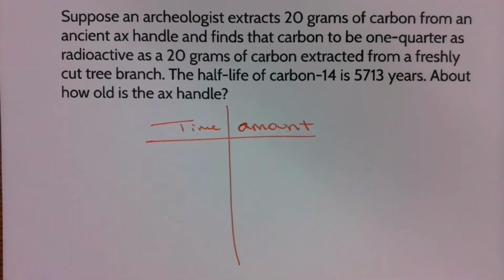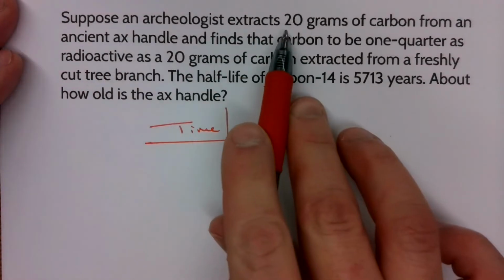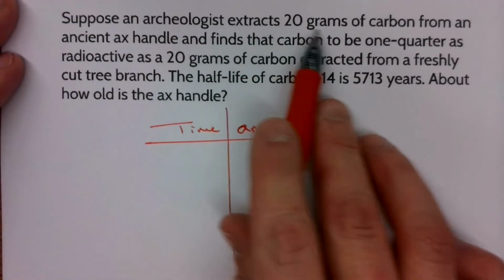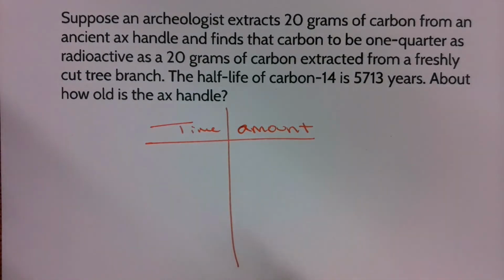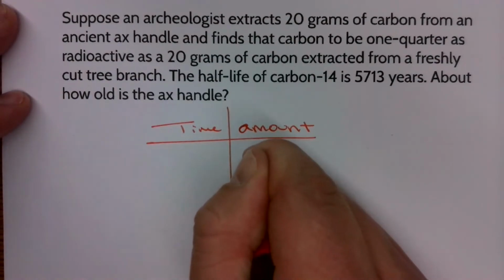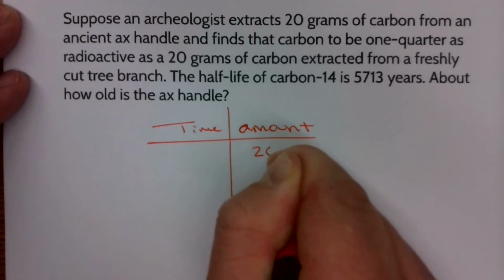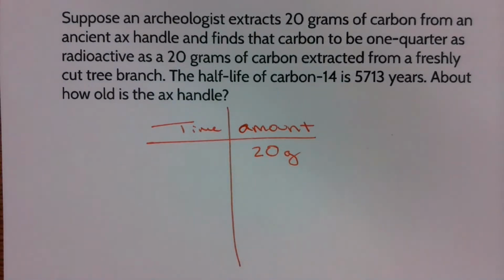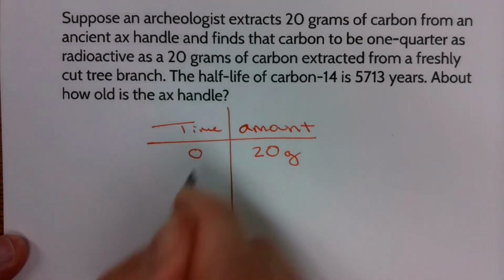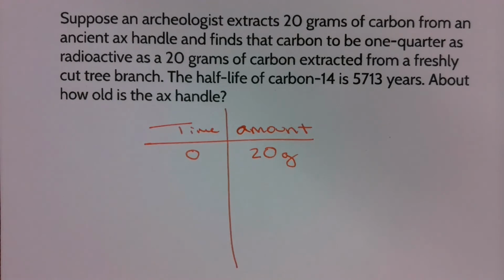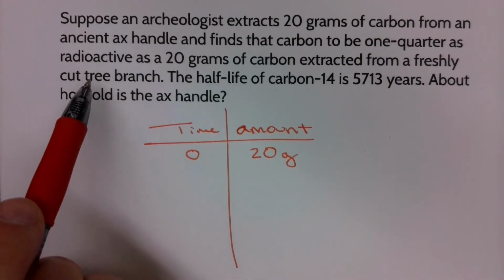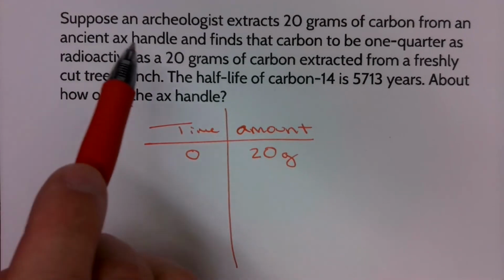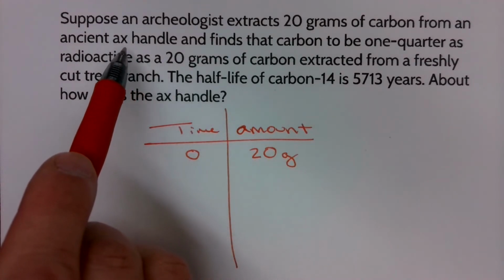Okay. And what we're starting with is 20 grams. So we're just assuming that we have 20 grams of this carbon in this ancient axe handle at the beginning when it was first cut down. So we have 20 grams, and it's going to be starting at 0. So what we're comparing is a cut tree branch today versus this axe handle, which was made out of a tree branch.